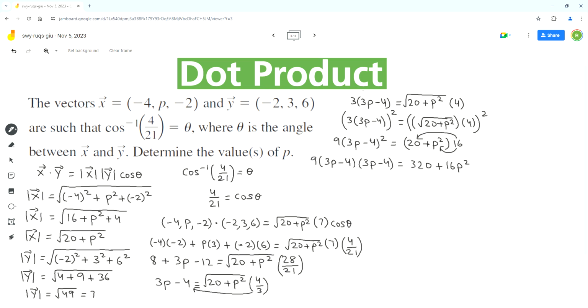Now we can use the FOIL method on the left side. Now we can combine like terms in the parentheses.